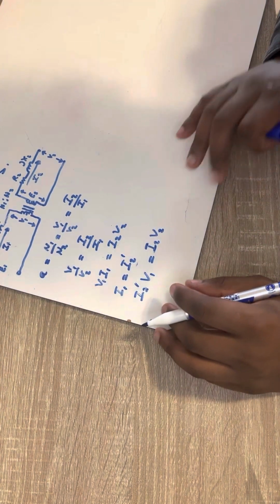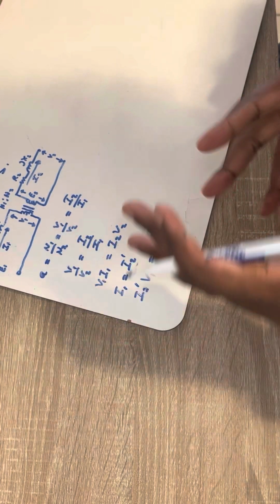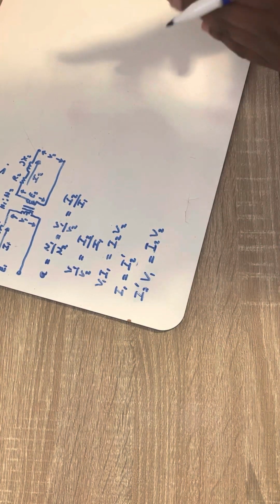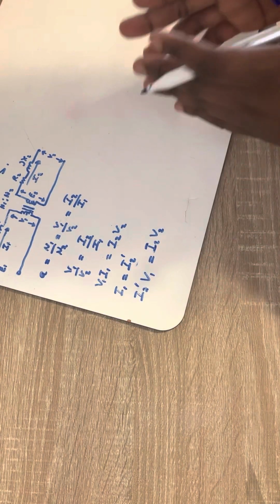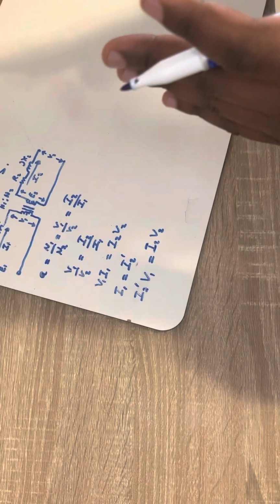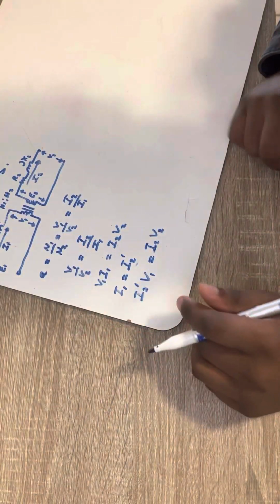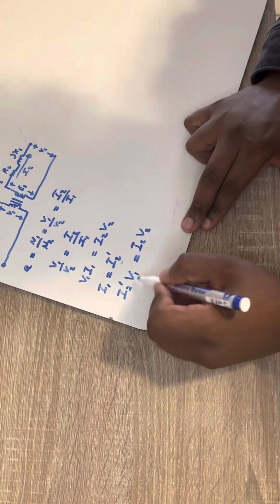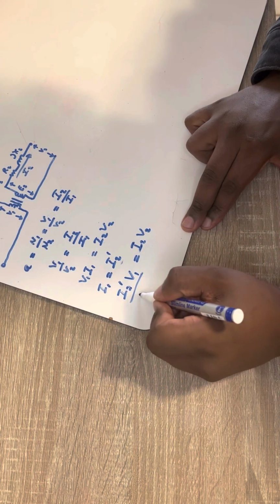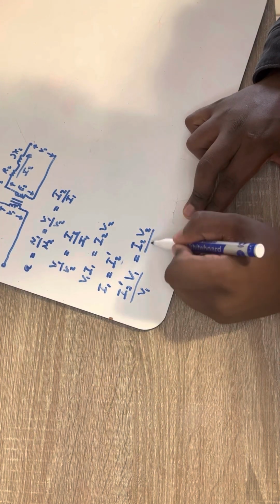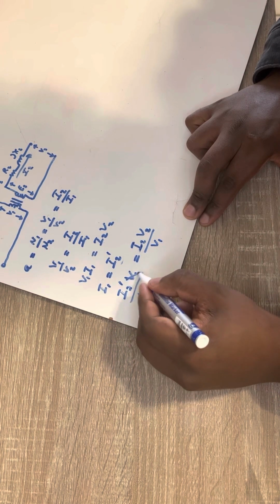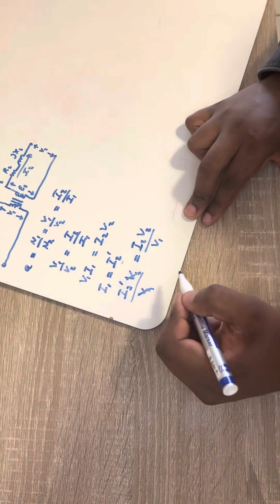Because primary current is relative to secondary current, we have to use the secondary current to determine the primary current. So we can divide here by V1 and on this side as well by V1. Cancel this, cancels that.